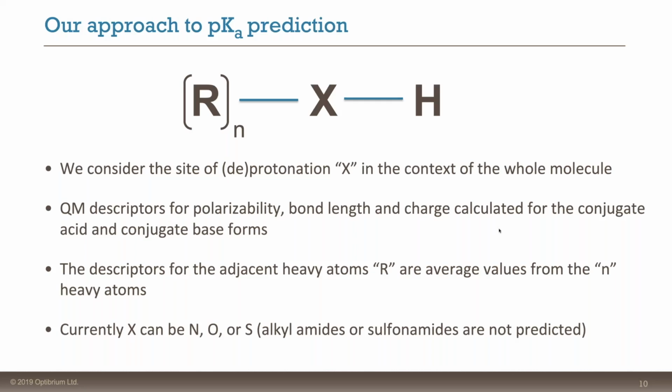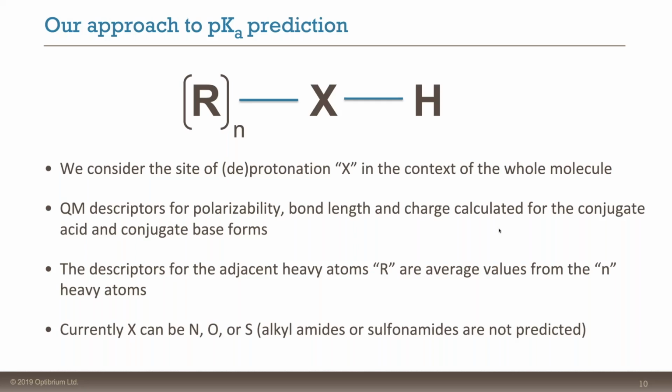Obviously, depending on the heteroatom and its environment, the number of R groups will change. What we have found is that the best way to describe that neighborhood is to take the quantum mechanical descriptors that we calculate and average them over the N heavy atoms that are connected to X.